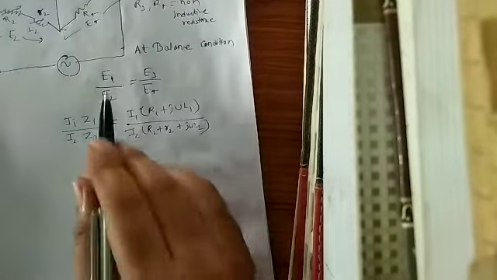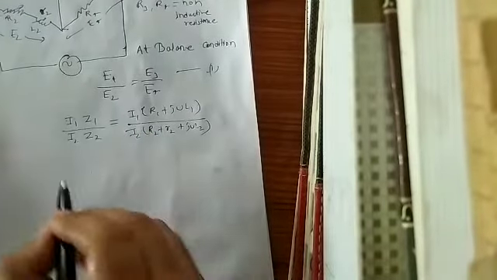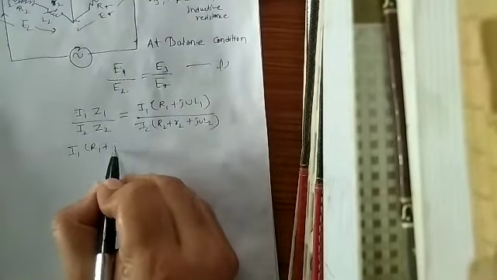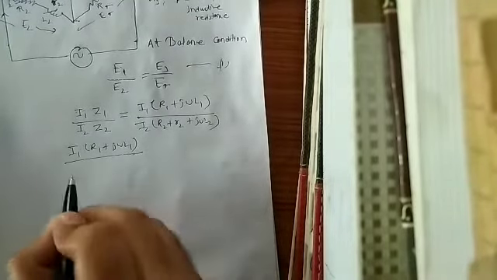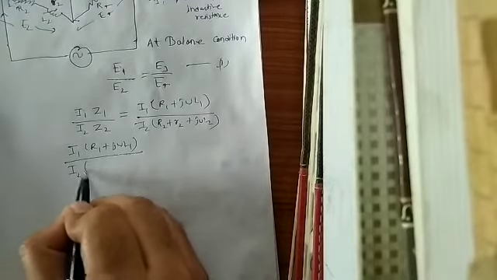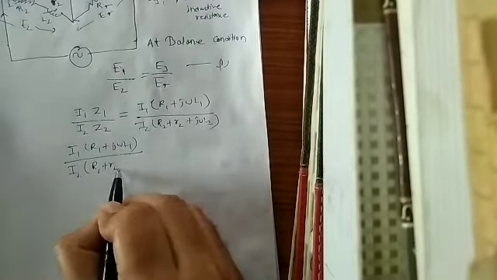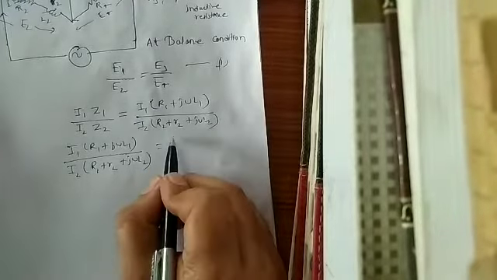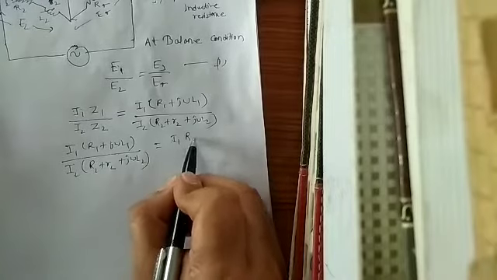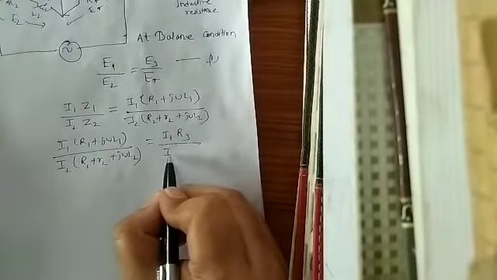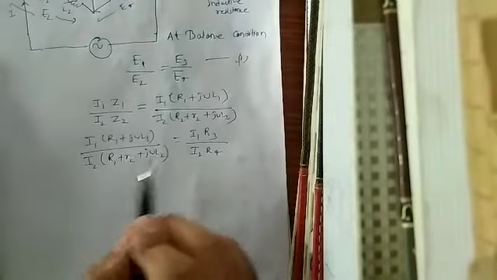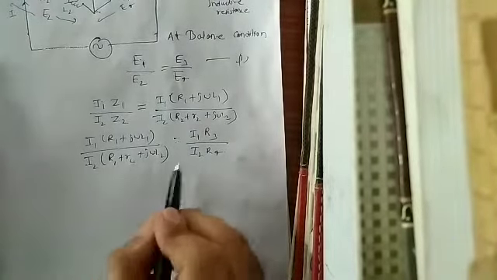Here we can put this value in equation number 1. So I1 into R1 plus j omega L1 upon I2 into R2 plus j omega L2. The value of E3 is I1 into R3 and E4 is I2 into R4. Now the current of both sides is equal.